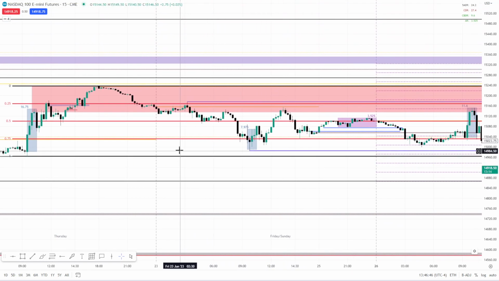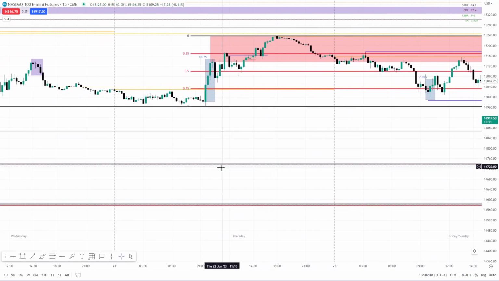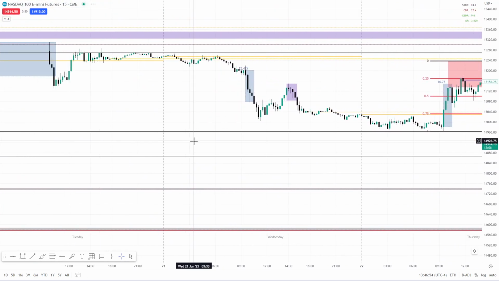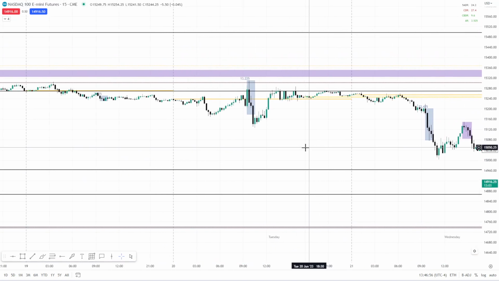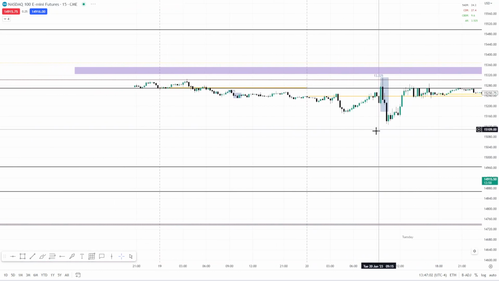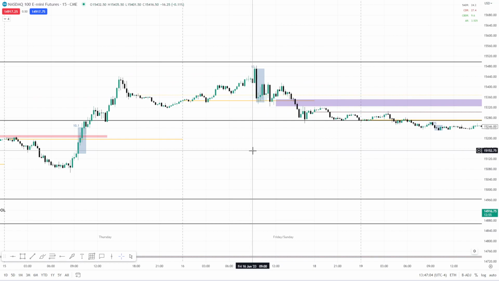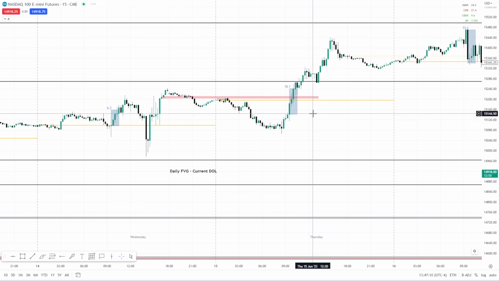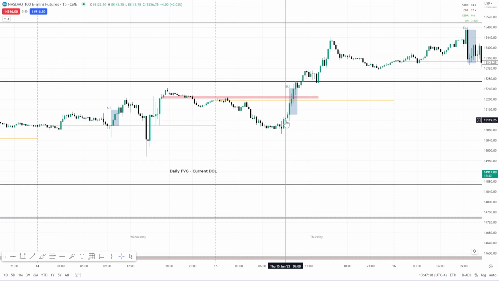Let's see. I like to find examples on lower time frames because I feel like it's easier to digest. This one went into this order block right here, moved up.